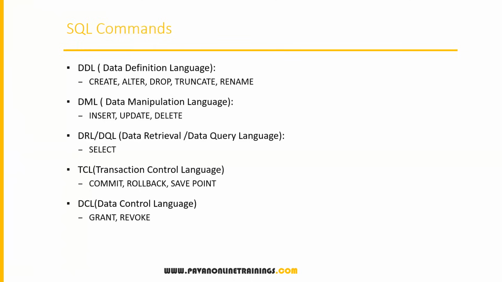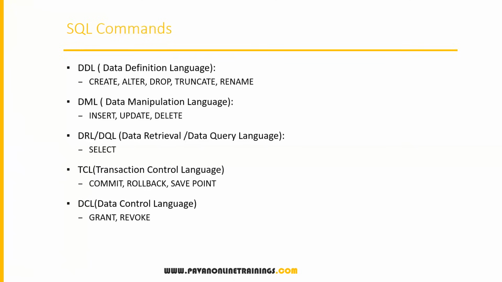Next, finally, data control language. These commands are basically used only by administrators. Because a database is used by multiple people, some are administrators, some are developers, some are designers. They don't access everything. Some people access some databases and tables, some can do administration tasks, and some can create something new in the database. So based upon their activities, the database administrator will provide access to them.